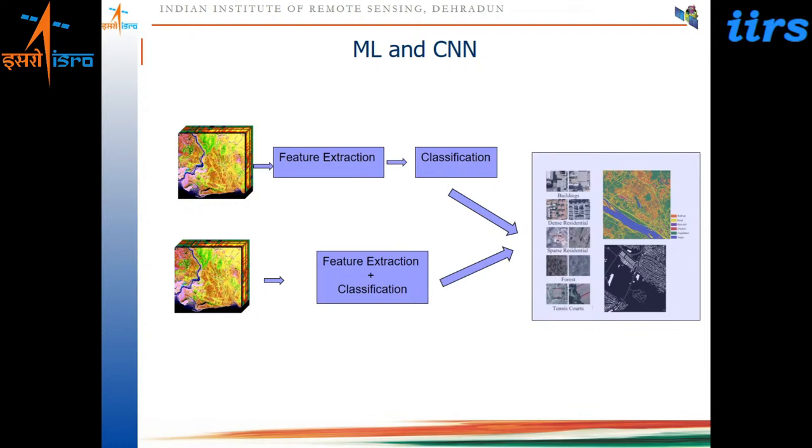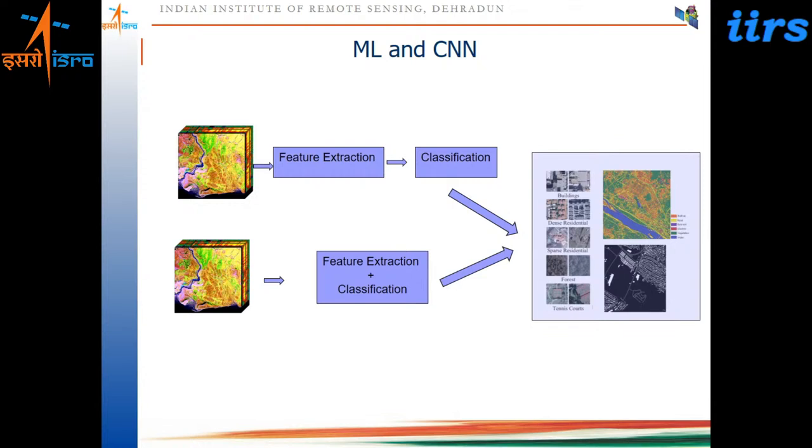In the case of neural network based, or mostly convolutional neural network based classification, the task of extracting the features along with the classification, both tasks, are carried out in the same computational architecture.